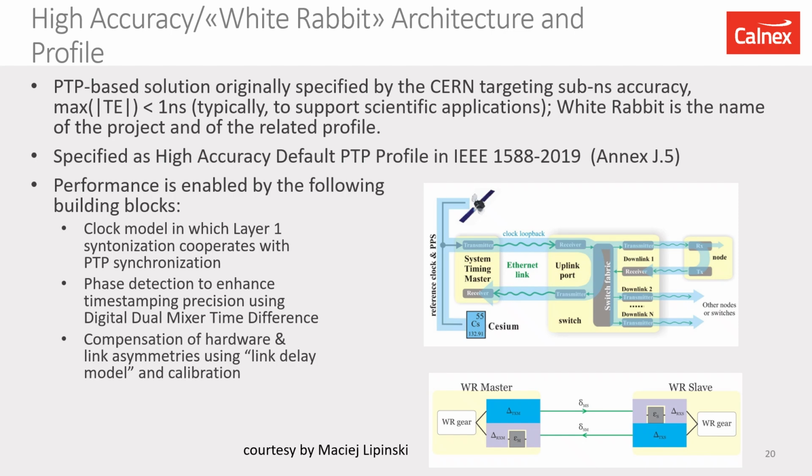This profile is targeting very accurate delivery of time synchronization at the sub-nanosecond level by making use of special solutions, particularly by compensating any source of asymmetry, and also having implemented very accurate timestamping solutions. So this profile was, as I mentioned earlier, part of a White Rabbit solution defined by CERN, and now is part of a standard default profile of the IEEE 1588.